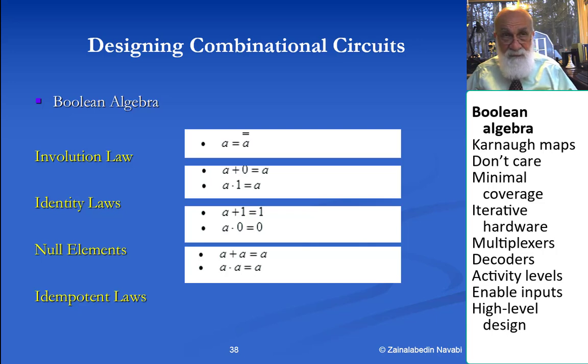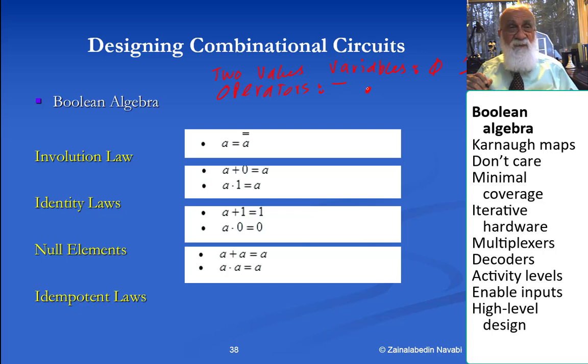Recall that what we have in Boolean algebra is all the variables have only two values, which is 0 and 1. And also the operations for Boolean algebra are bar for complementing, meaning changing a 0 to a 1 or 1 to a 0.